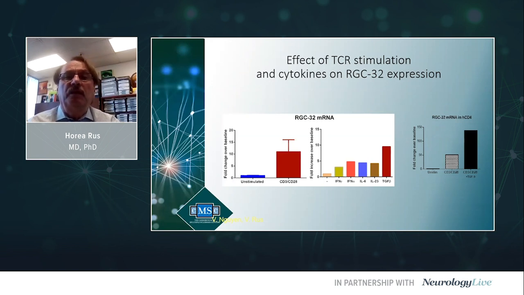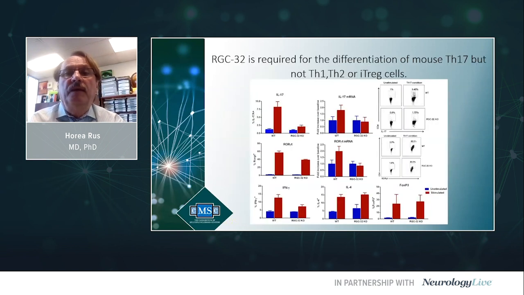We clearly showed that activation of T cells by the T-cell receptor induces RGC32 mRNA, and TGF-beta also induces RGC32, and when you combine them, that's an even more significant induction, like on the left side. Then we used a knockout mouse, a mouse which lacks RGC32, to see if that affects IL-17 production.